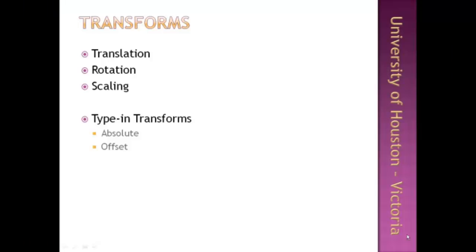Okay, in 3D graphics and 3D design, you have 3 major operations: translation of objects from one location to another, rotation of the object, and scaling of the objects are basically your major transformations in 3D graphics, and in short, they are called transforms.